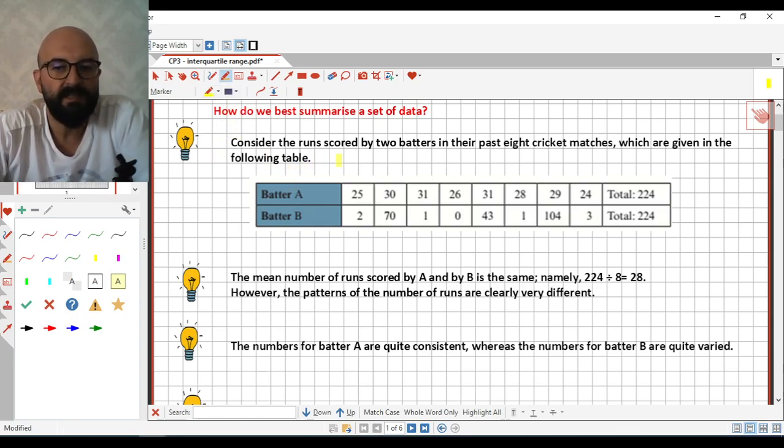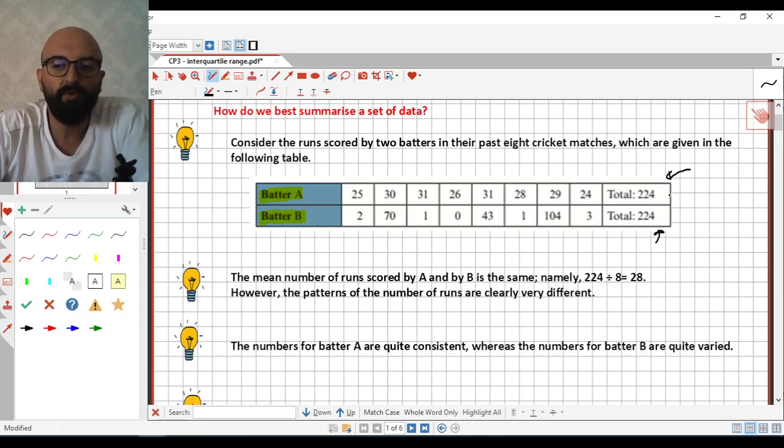Consider the runs scored by two batters in their past 8 cricket matches, which are given in the following table. We have two batters, A and B. We see the total score, and both batters have the same score.